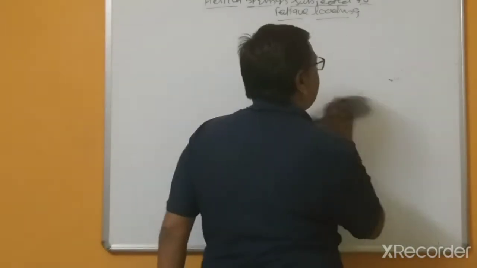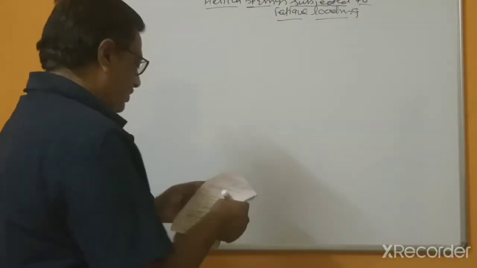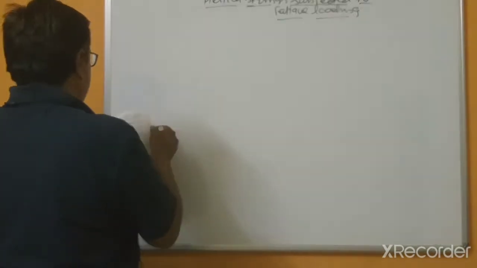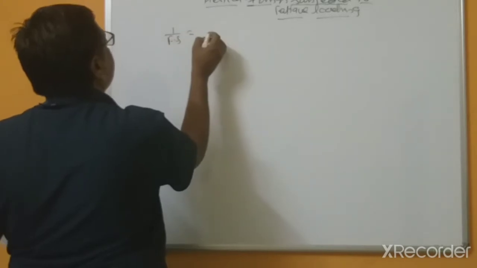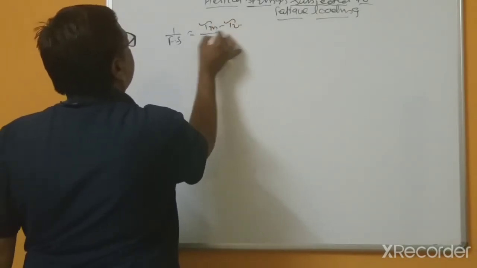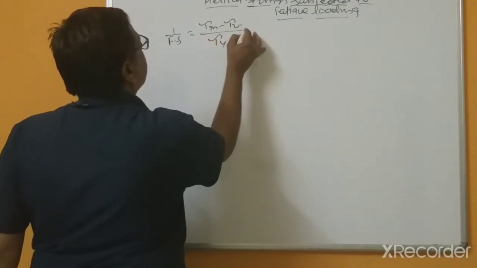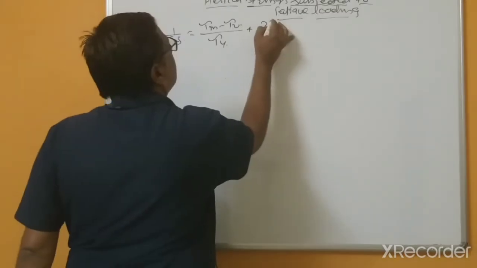So the number of cycles, meaning the life of the product, decreases because of the fatigue loadings. That's why this is a consideration. Here is the formula: 1 divided by factor of safety equals tau m over tau y plus tau v over tau e.